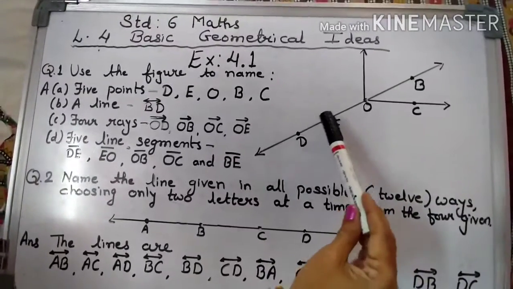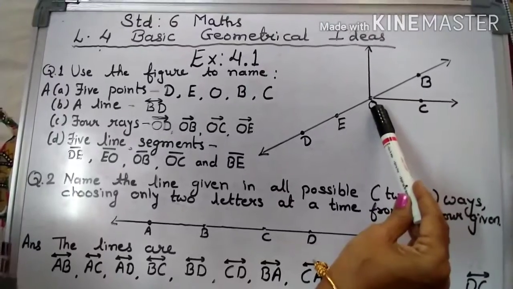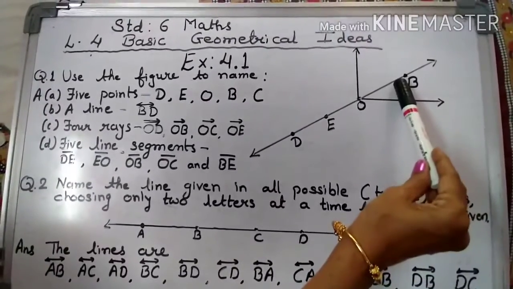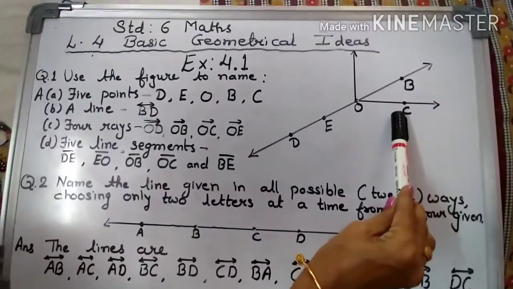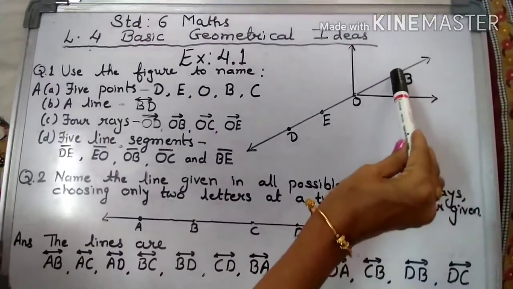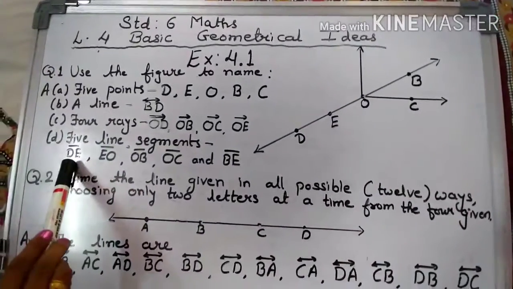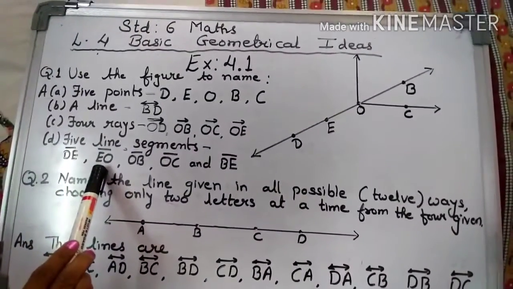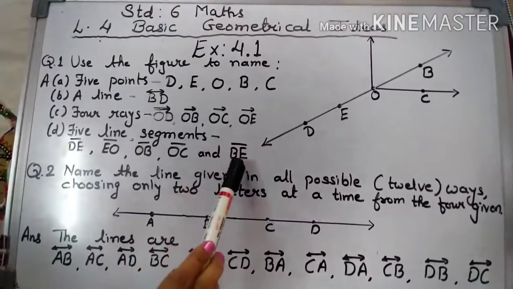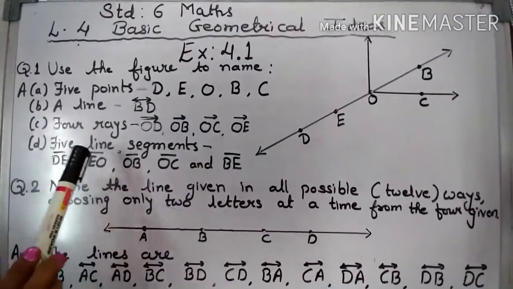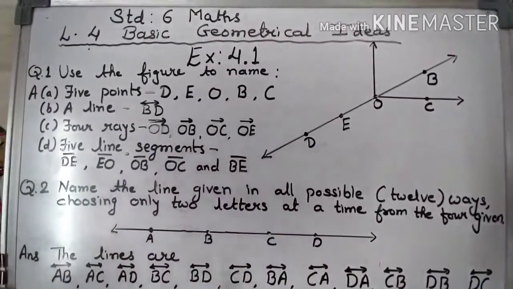So here DE is one line segment, EO is a second line segment, OB is a third line segment, OC is a fourth line segment and BE is your fifth line segment. So DE, EO, OB, OC and BE. You have to denote them like this, with a line segment symbol at the top.